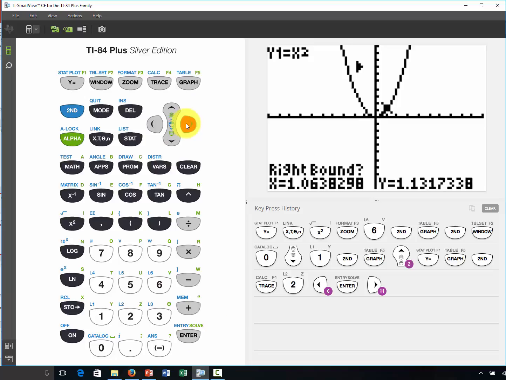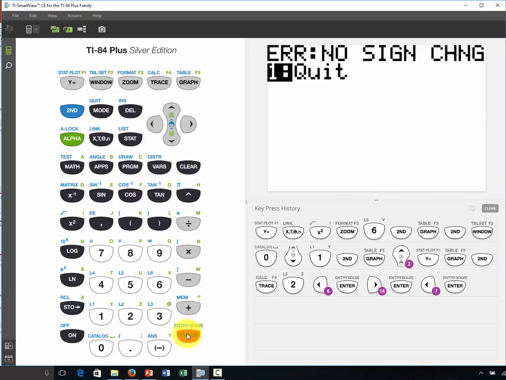We go to the right of 0. Then this is telling me it's going to look for sign changes in between these two little arrows, and we'll put the guess something close to 0. Enter. And this is the error message I was talking about.